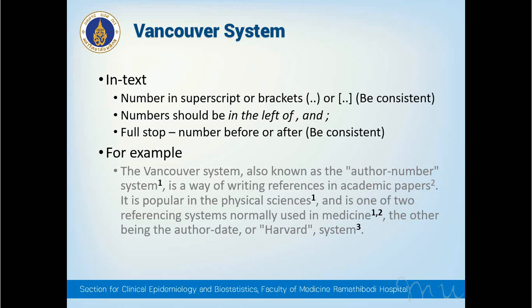The number should be in superscript, and some journals allow you to use brackets, but we want you to use the superscript. For Mahidol University's thesis, you have to use this kind of format, otherwise the university won't accept your thesis.